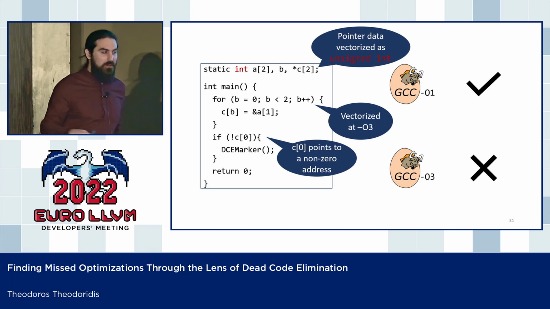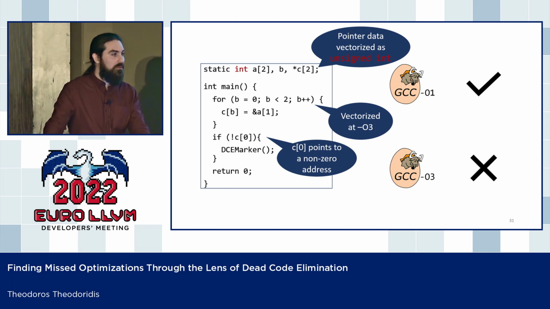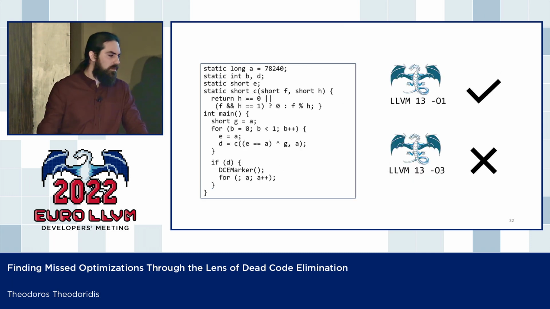And therefore, whatever knowledge was derived in the vectorized loop, because of this type mismatch, couldn't be propagated later on to scalar uses of the RAC. So this should be fixed in the current version, but we really see how we can find cases between O1 and O3, where O1 somehow ends up doing a better job than O3. And similarly, we can do the same for LLVM as well.